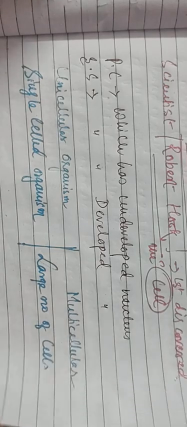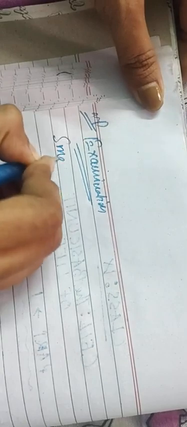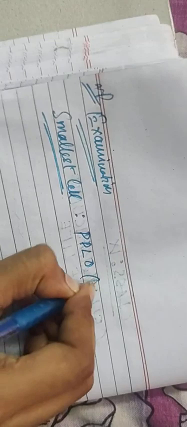Next, we should know one thing, which is important for your examination: the smallest cell in the environment. An example is PPLO, or mycoplasma.